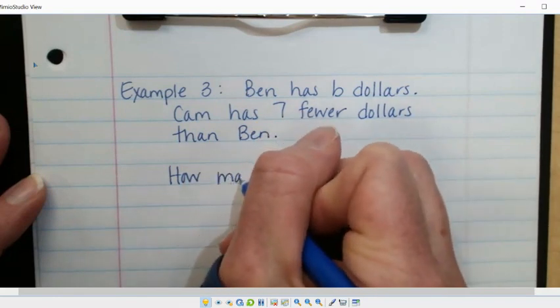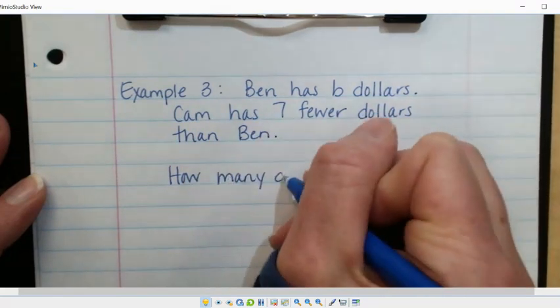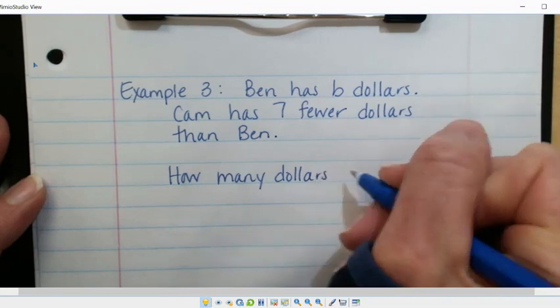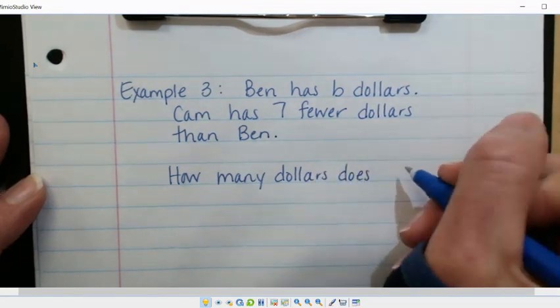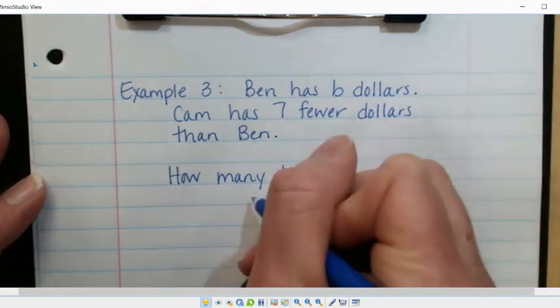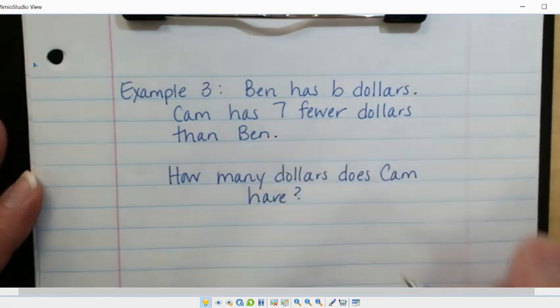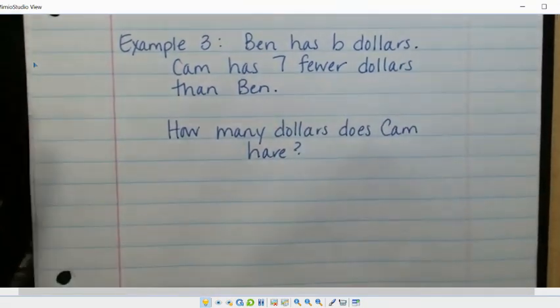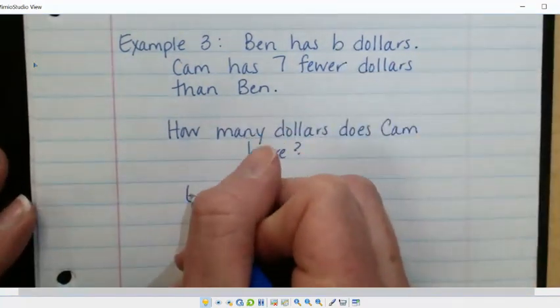How many dollars does Cam have? And we just again want an expression. We can't solve it because we have this variable in here.